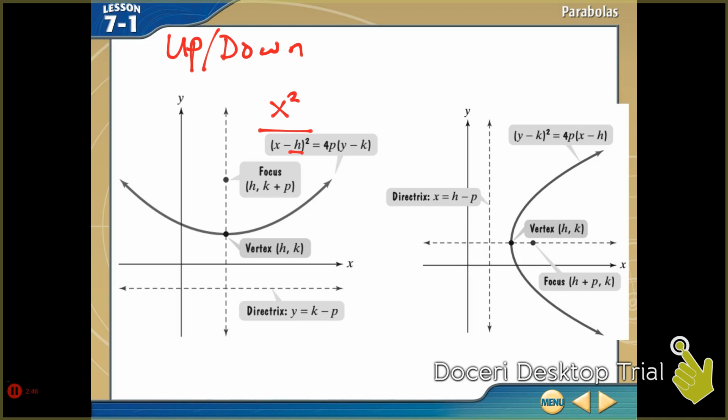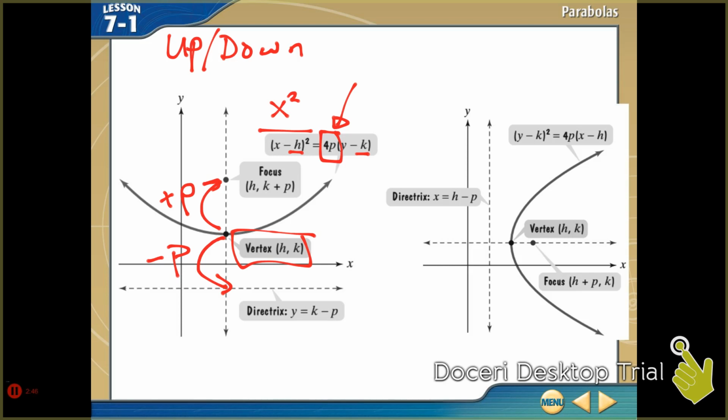All right, h and k are the center point of the vertex, so that goes to that vertex point on our parabola. Now the focus is going to be up. We're going to add a p-value, and the directrix is going to subtract a p-value. That p-value shows up right here as 4p. With the center and then how far away we are from the focus and from the directrix, that value of p, we're going to be able to sketch a parabola.